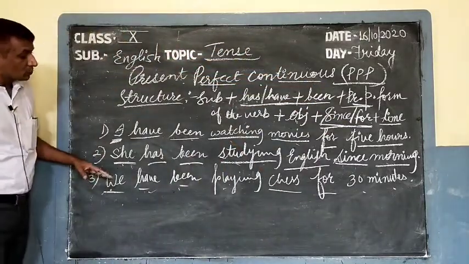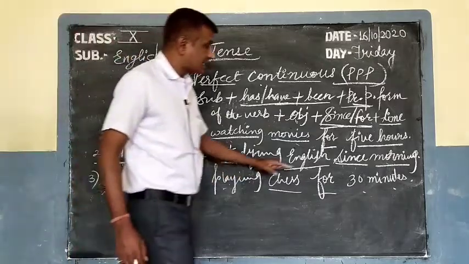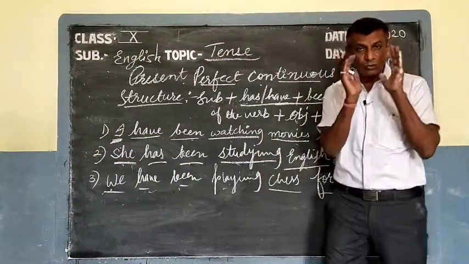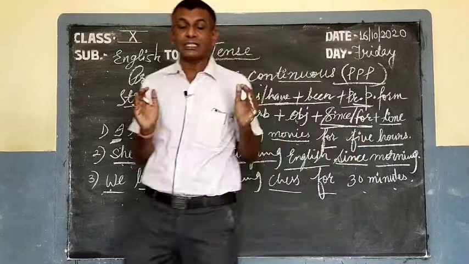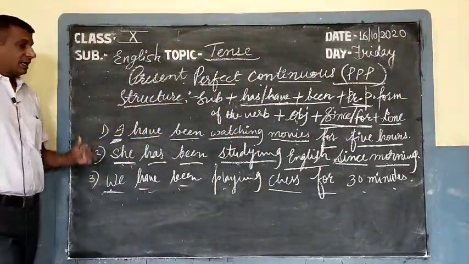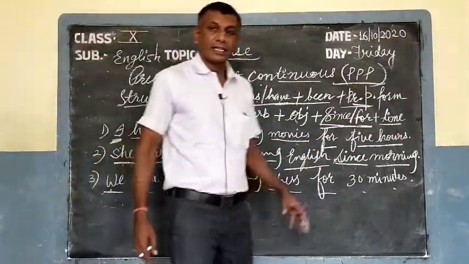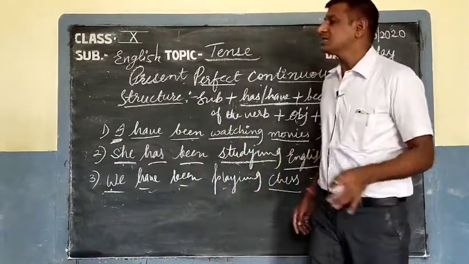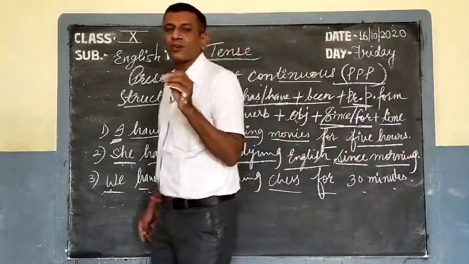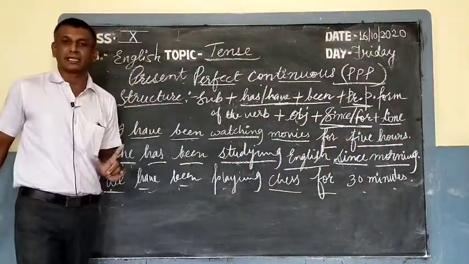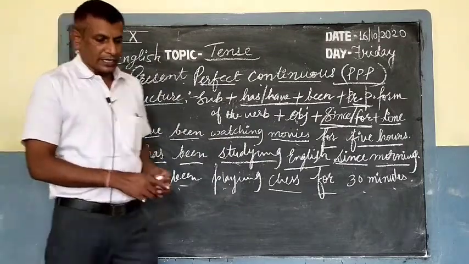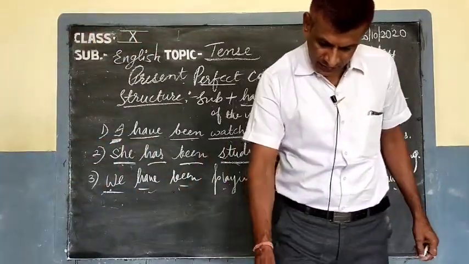Since you are doing these exercises, you must make a frame of these types of sentences. So when these sentences are given in your examination, you can easily fill the correct form of the verb according to the tense. So let's see one more example.